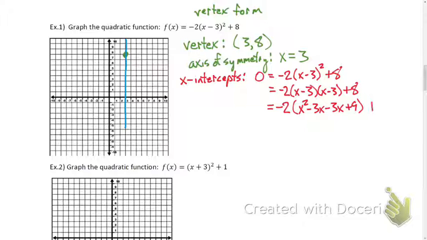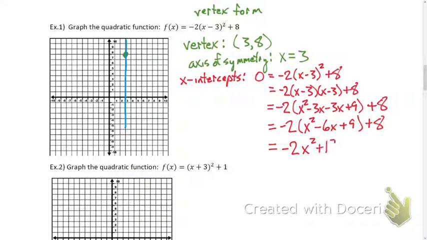People have been looking at me like I'm crazy when I do that, so I'm going to just work it all the way out. Then distribute the 2. So we get this far, and now I need to factor it so I can see the x-intercepts.